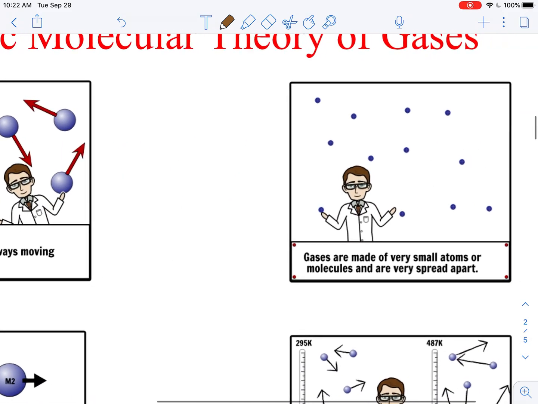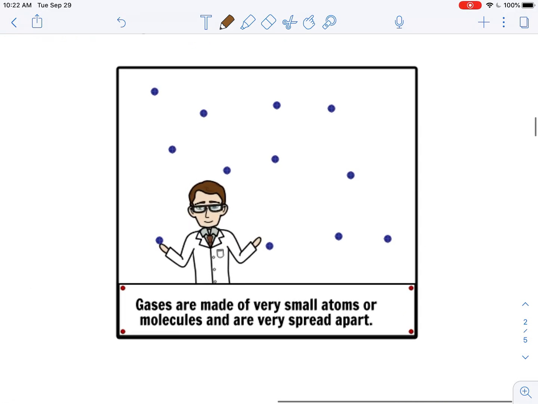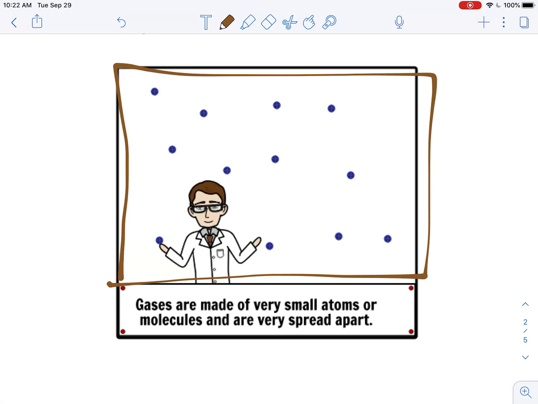That's number one. Number two, the gas particles occupy a very small portion of the overall volume. For example, this is your overall volume in this picture, this whole box here.